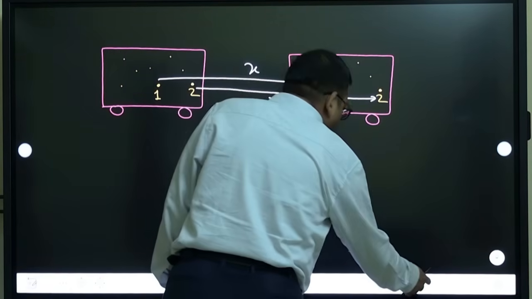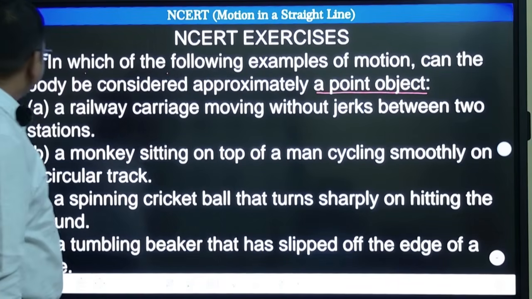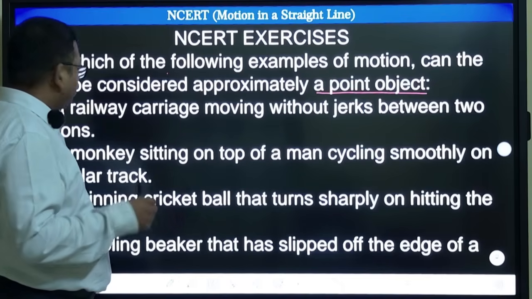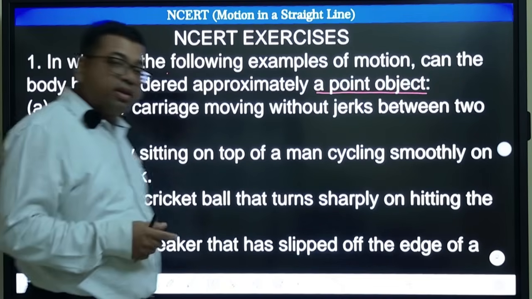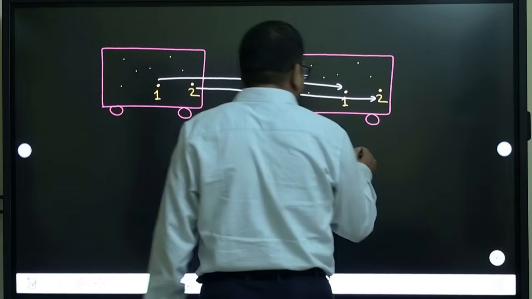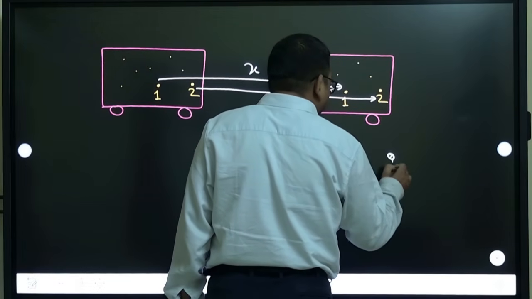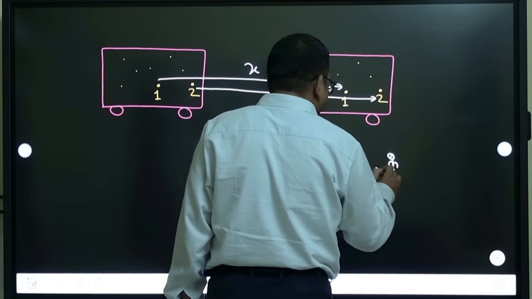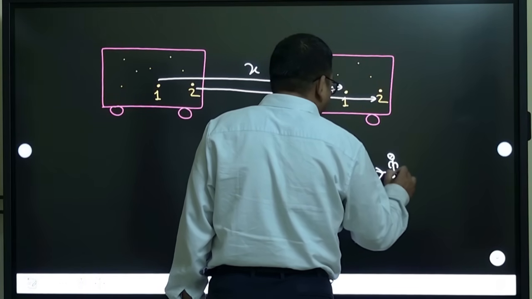Next, what is the next part? If you see, a monkey sitting on top of a man cycling smoothly on a circular track. Now here, let us try to understand. A rough diagram we can draw, right? Suppose there is a monkey like this, and a person is cycling. This is just a rough diagram.